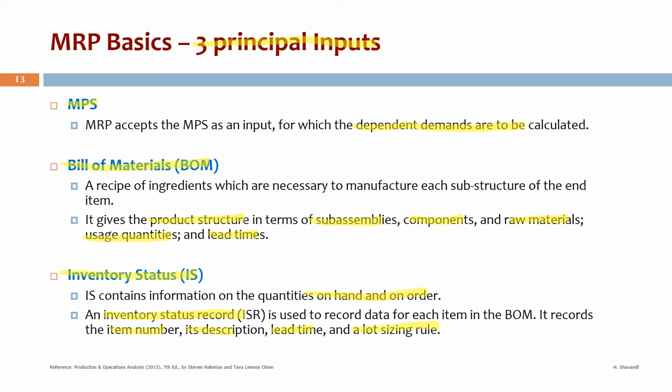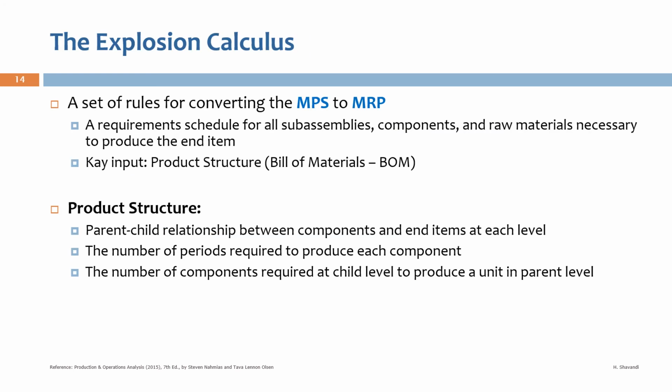Okay. So the main calculation, or I can say process, in MRP is called explosion calculus. In explosion calculus, we'll have a set of rules for converting the MPS to MRP.